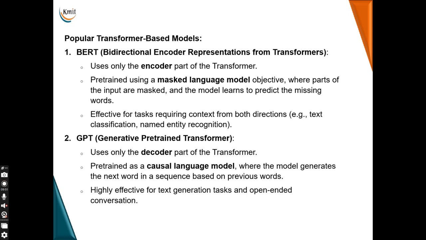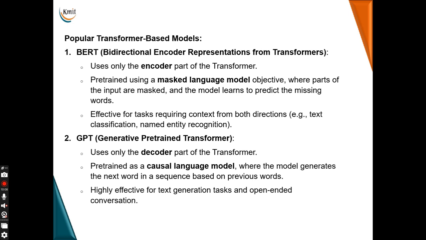That is the reason it is bidirectional, right? If you see the title itself, you can understand it is using the transformer, it is having only encoder, and it can work with the context from both the directions, bidirectional, BERT.